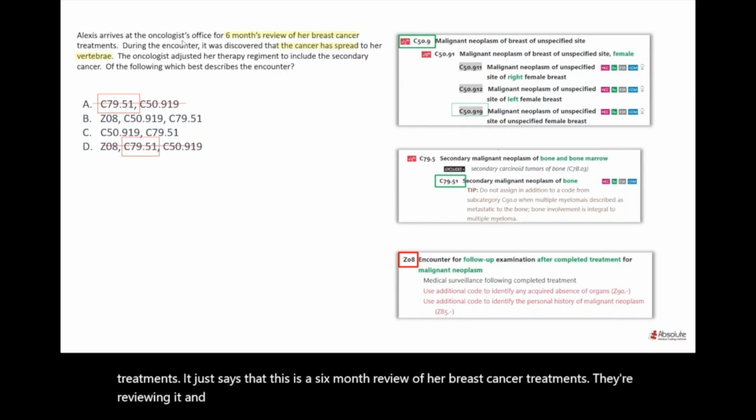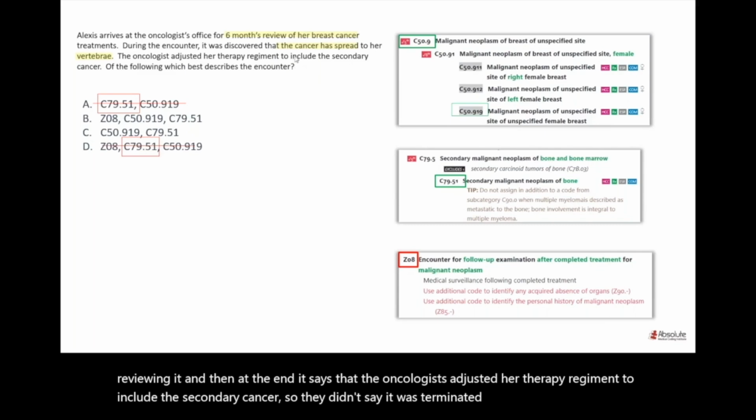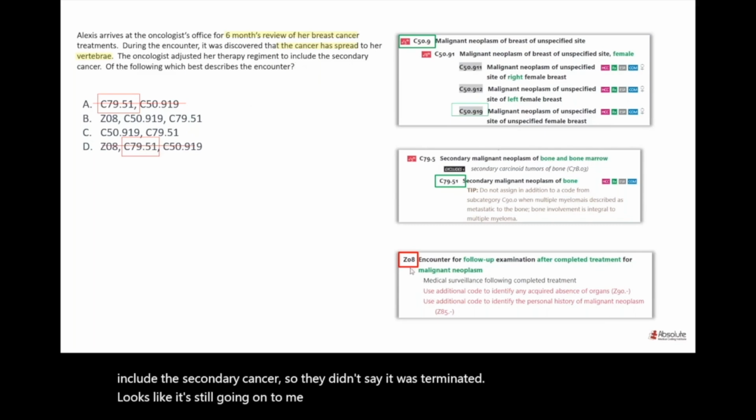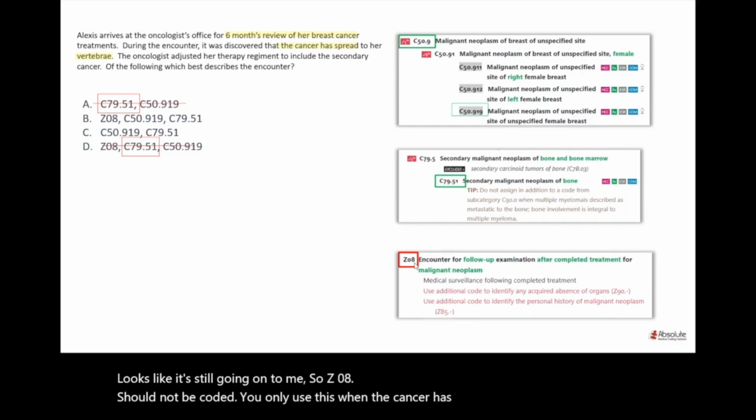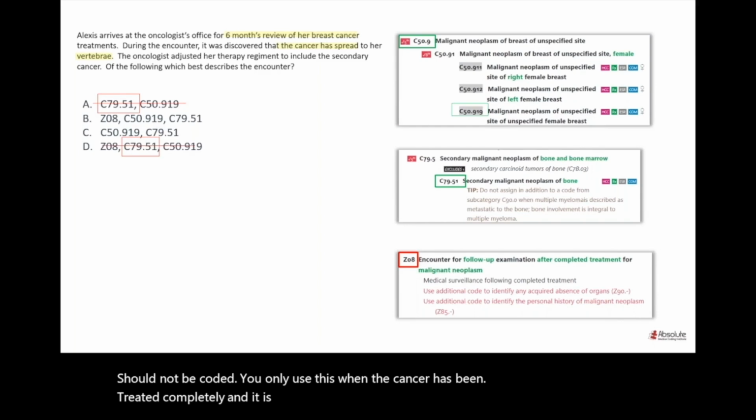And then at the end, it says that the oncologist adjusted her therapy regimen to include the secondary cancer. So they didn't say it was terminated. Looks like it's still going on to me. So Z08 should not be coded. You only use this when the cancer has been treated completely and it is completely eradicated from the body.